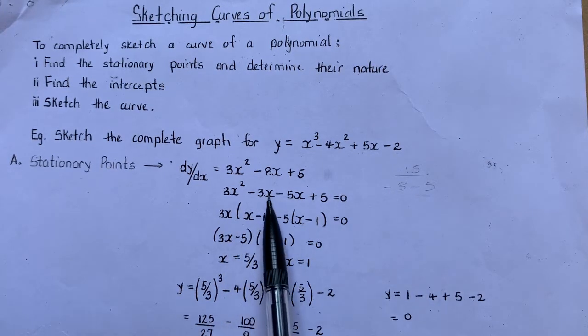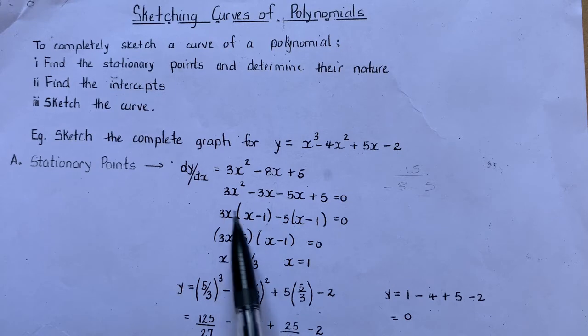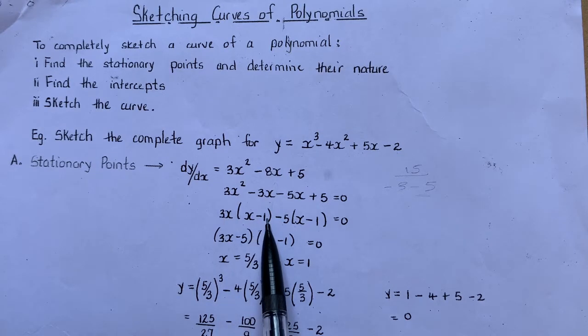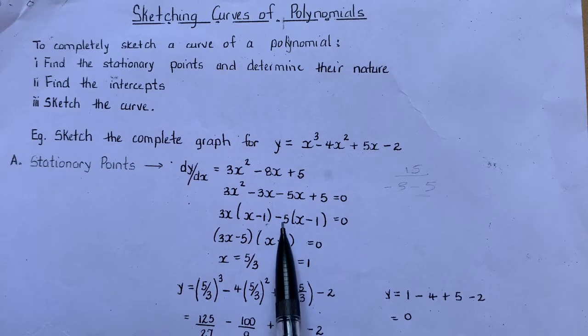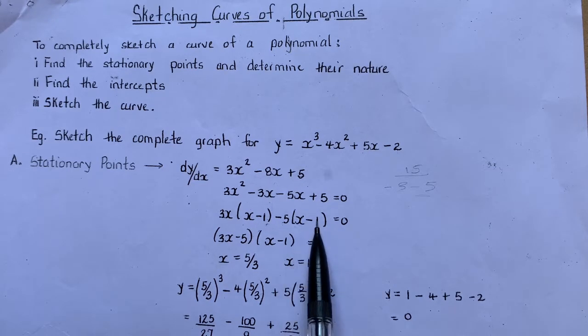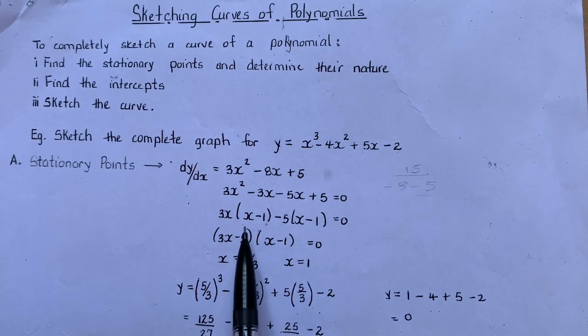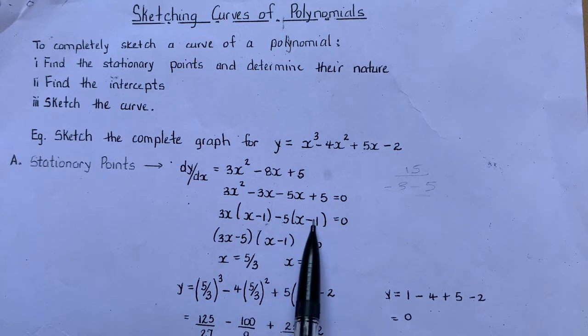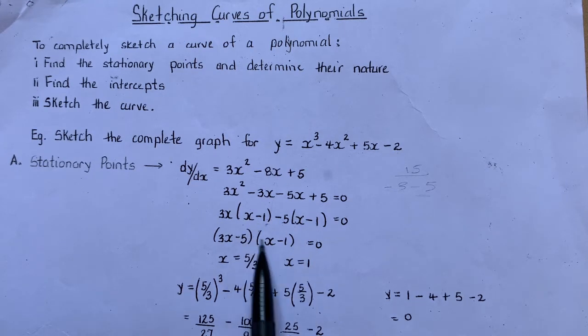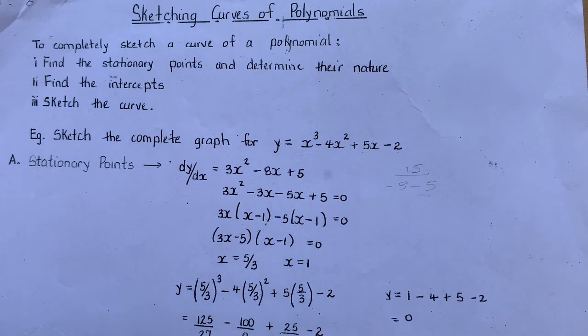Separate. Factor out what's common, which is 3x, to be left with x minus 1 in brackets. Over here, we'll have to factor out a negative 5 to be left with x minus 1 in brackets again. So now our roots are 3x minus 5 and x minus 1, giving us x equals 5 over 3 and x equals 1 for our x coordinates.